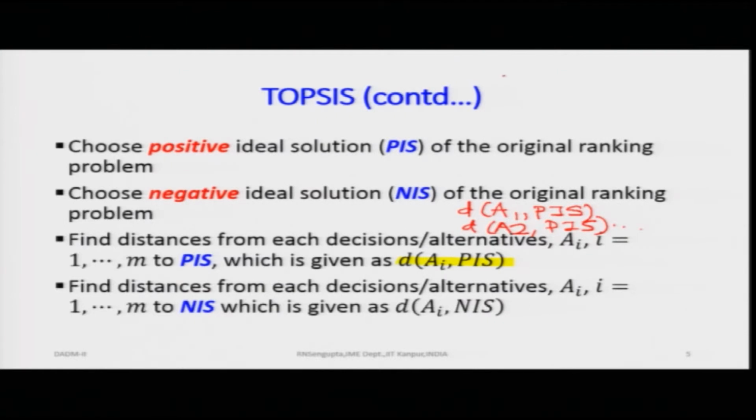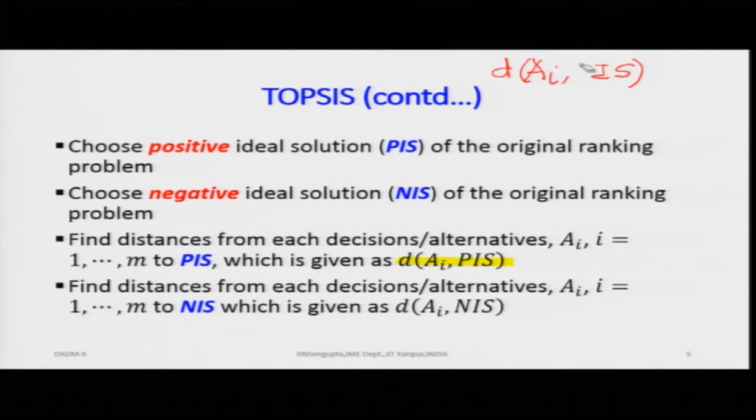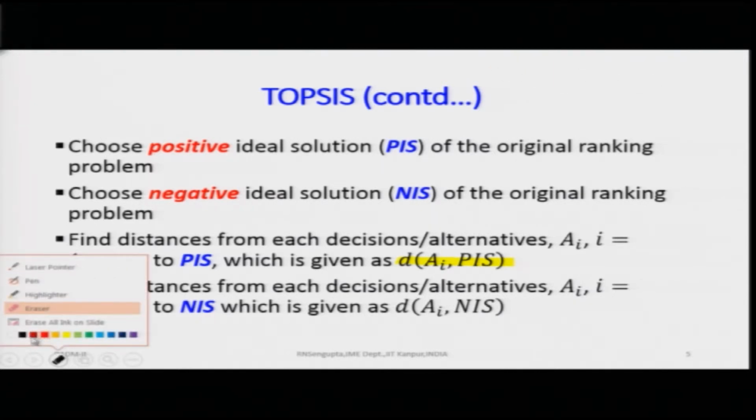Question 1 is, so let me remove this. The question is that the distance function which I assume for Ai with PIS, which is positive, let me use a different color so it will be easy for me to specify.